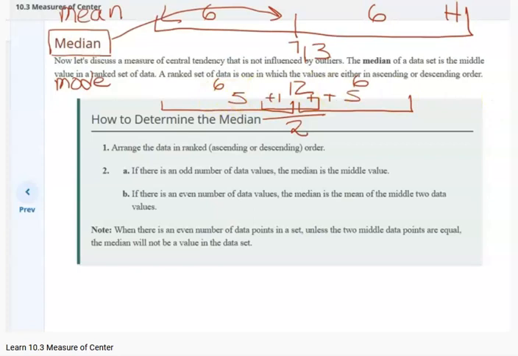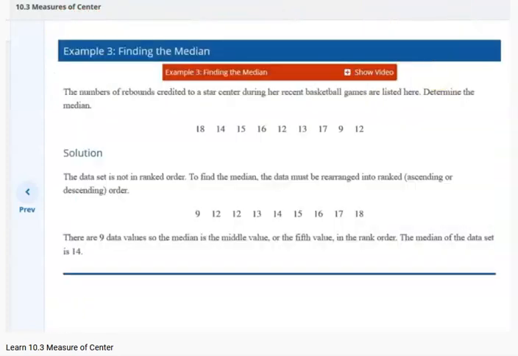Okay, let's see some examples. Now, here are our scores as they are presented to us. This is example 3 originally, but they're not lined up. So you have to develop a plan. You scan it and say, oh, there's a 9. I'm going to put that first. Scan it again and say you have a 12.